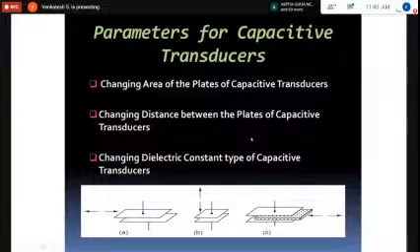Therefore, we have to consider two capacitive transducers in series having different dielectrics. One is air, the other is the dielectric, and therefore the calculation becomes a little complex for evaluation of the capacitance of such a variable dielectric capacitive transducer.